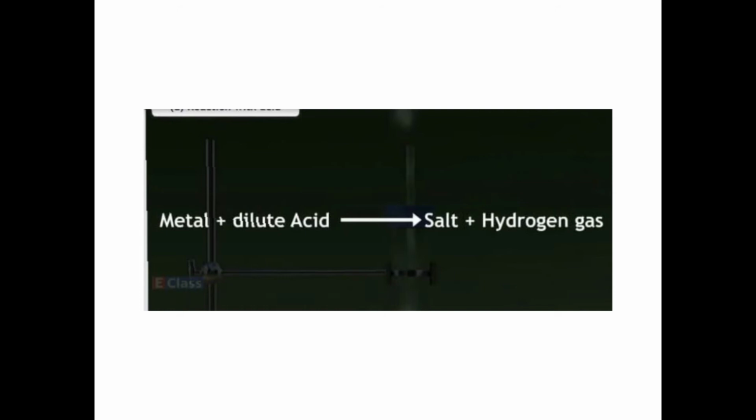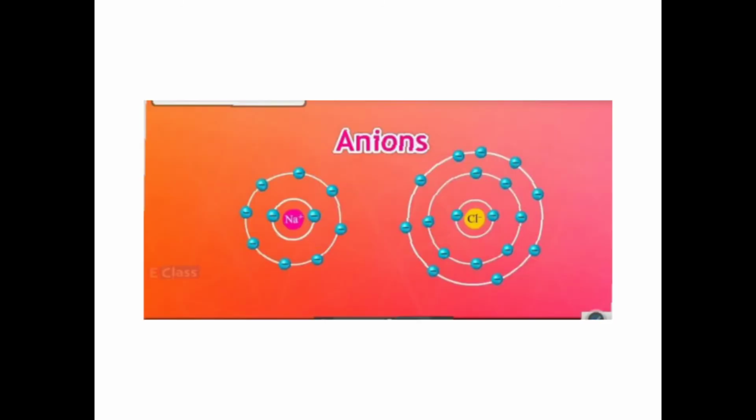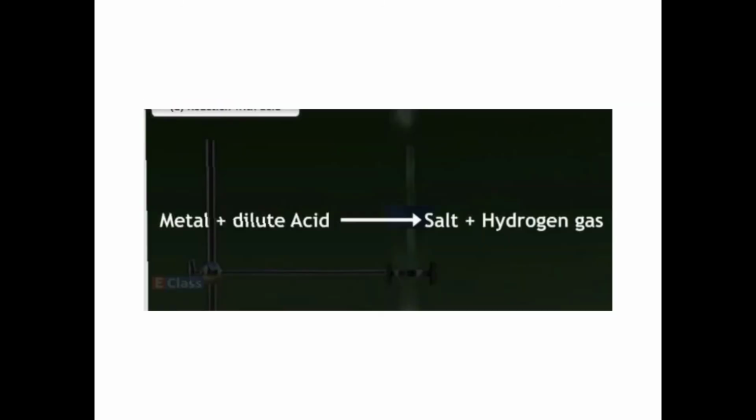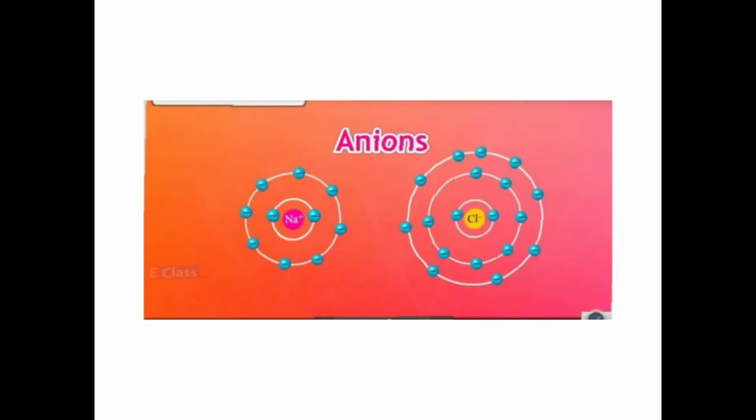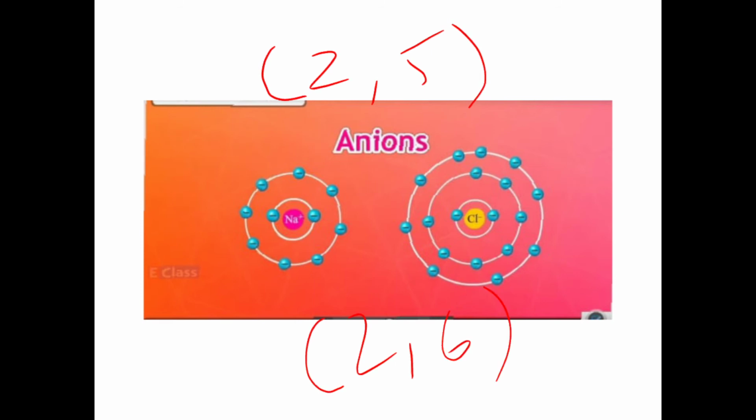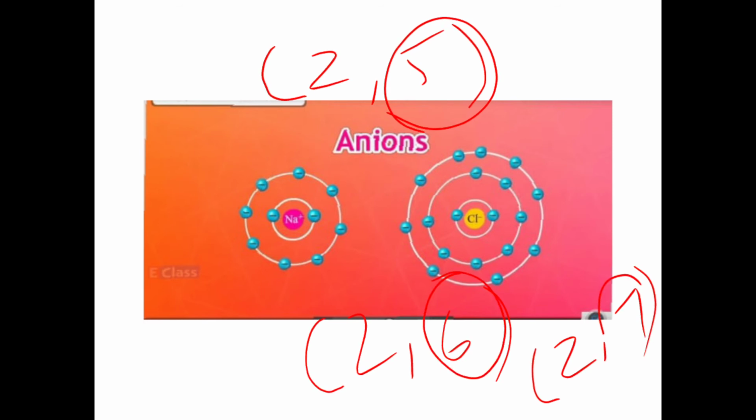That means they have electronic configurations like 2,5, 2,6, 2,7, etc. So the outermost orbit has 5, 6 or 7 electrons.